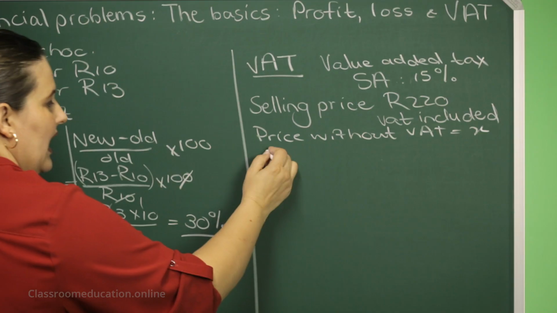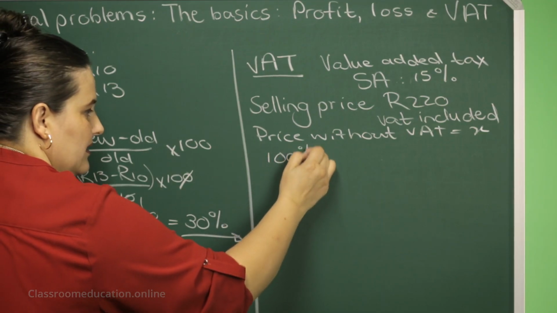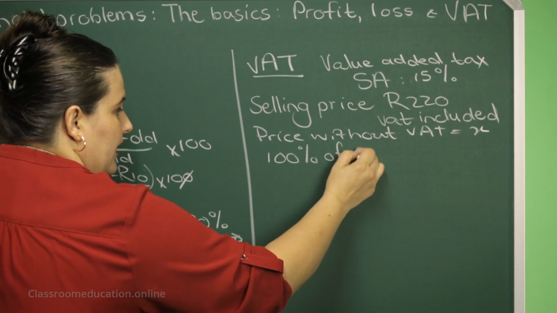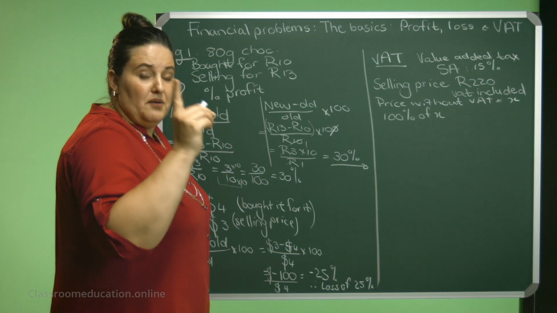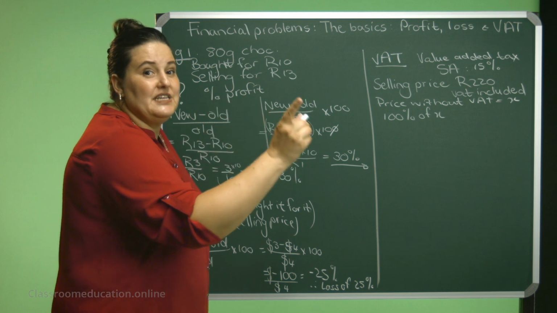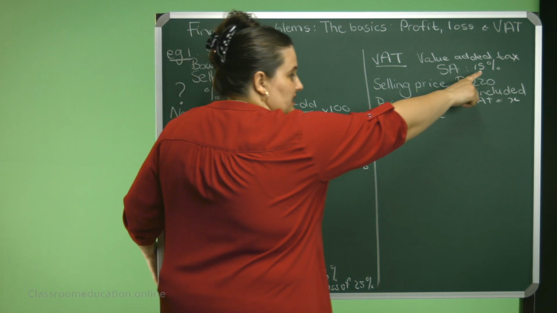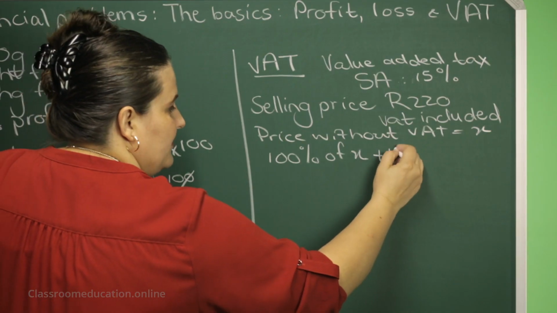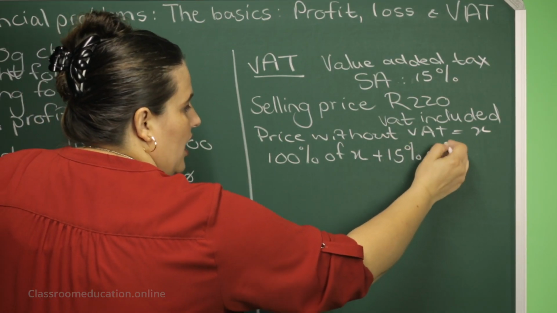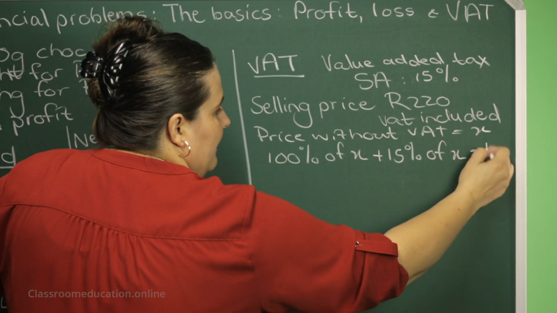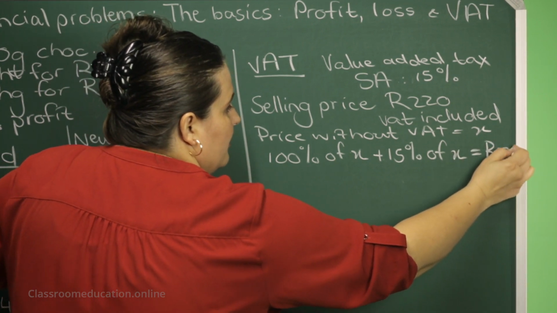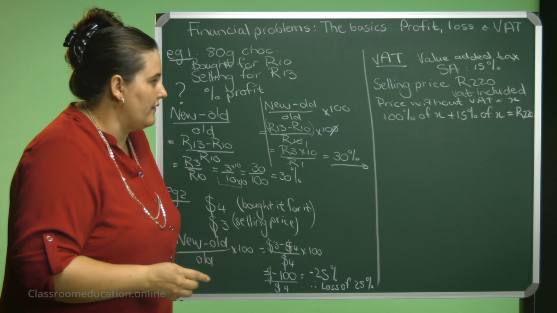By taking 100% of my original value plus 15% of my original value, because it's 15% VAT, and that will give me a value of 220 Rand.